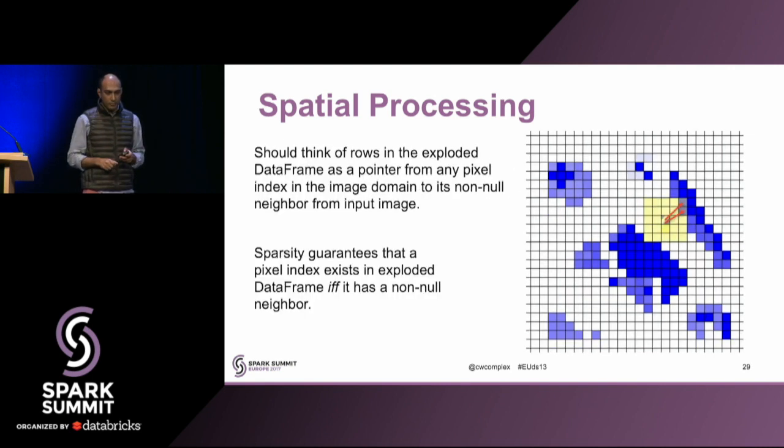So without doing any transformation on the exploded data frame, we automatically have a window around any pixel in the smoothed image, the non-null part of the sparse smoothed image, which may or may not be in the original heat map.